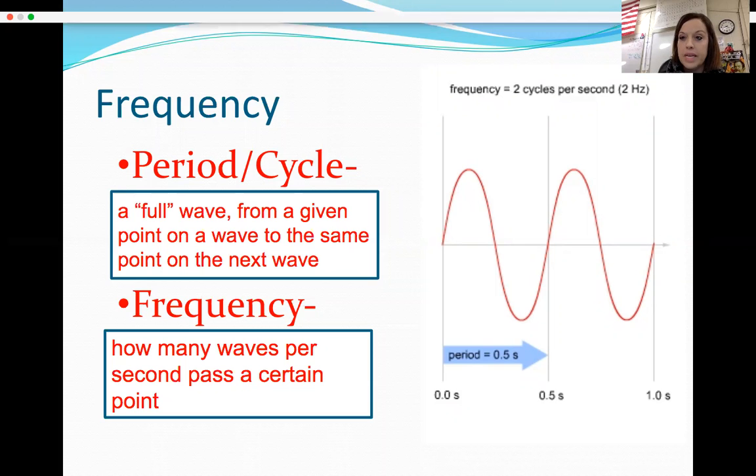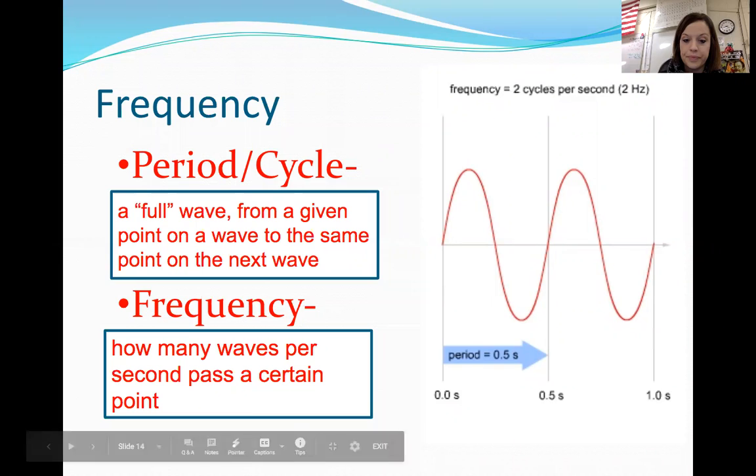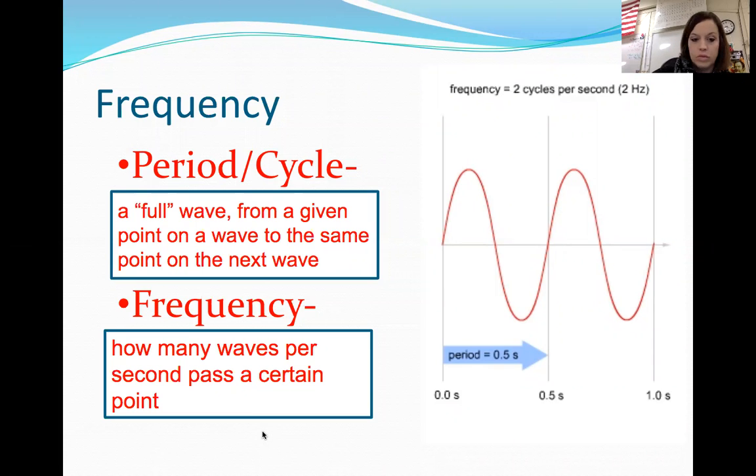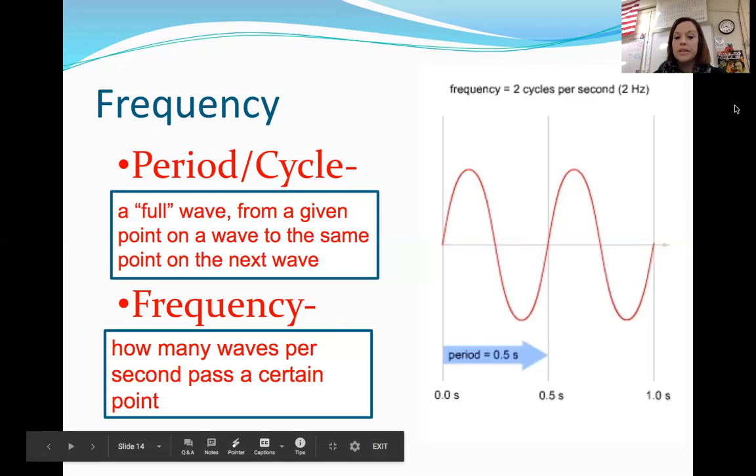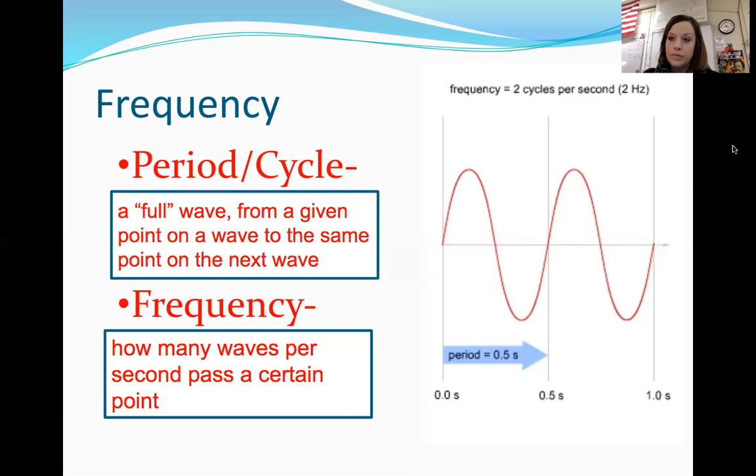But go ahead and write something down. How many waves there are per second.